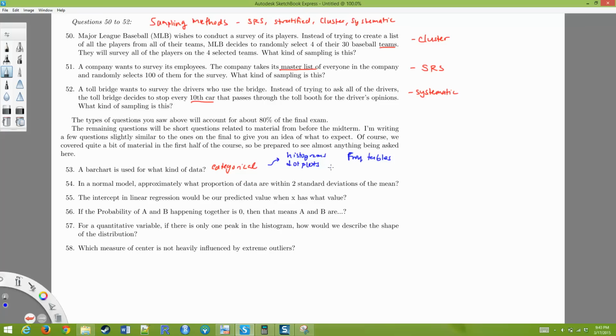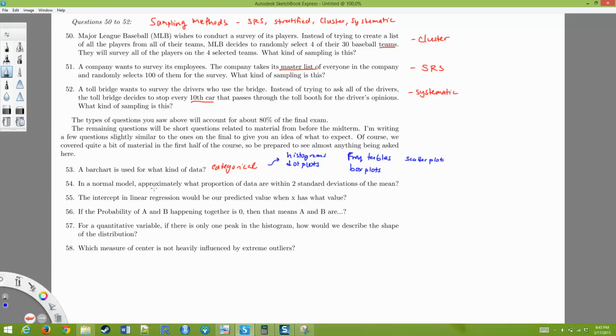Histograms, dot plots, frequency tables. What else do we learn? Oh, box plots. Yeah, scatter plot. Sure. So what kind of data is used for each of these things? You should review that.